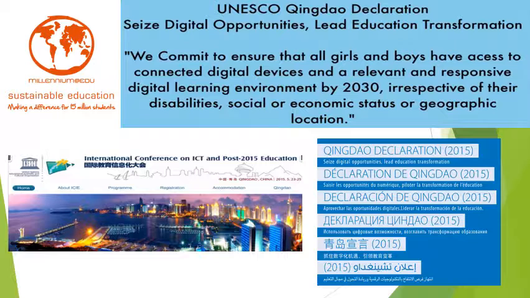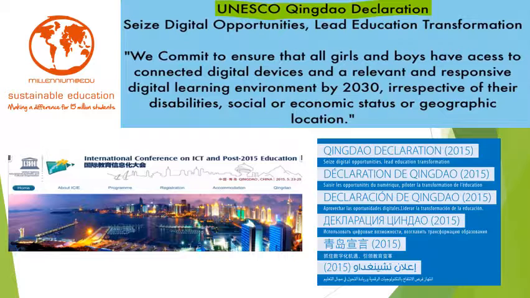That said, on the ICT, on the information communication technologies and education, we also choose to include in this assortment of documents to be looked at the UNESCO Qingdao Declaration, also agreed in the same year.